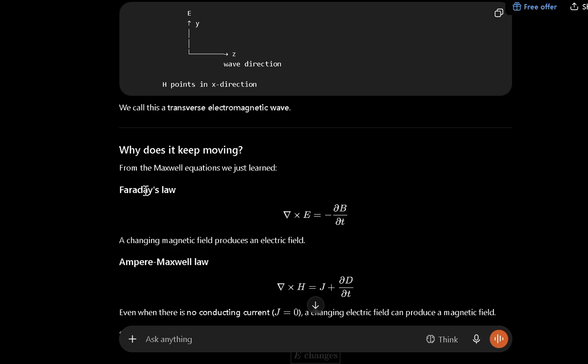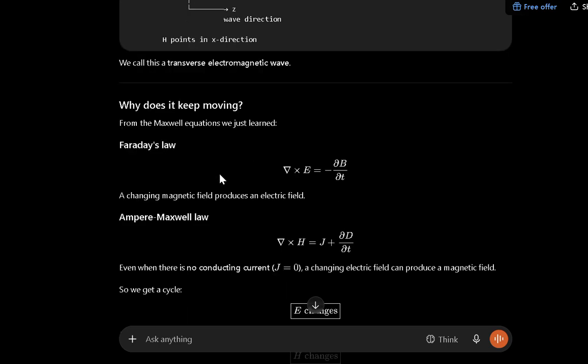Why does it keep moving? From Maxwell's equations, we just learned Faraday's law: curl of electric field equals the negative partial derivative of the magnetic field with respect to time. A changing magnetic field creates an electric field.